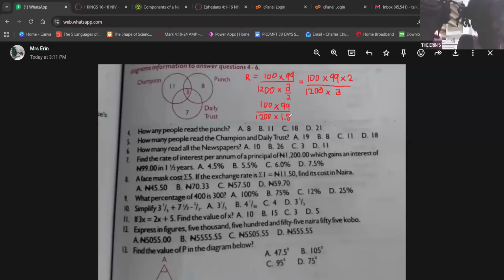Sir, we use this method and it gave us this answer.